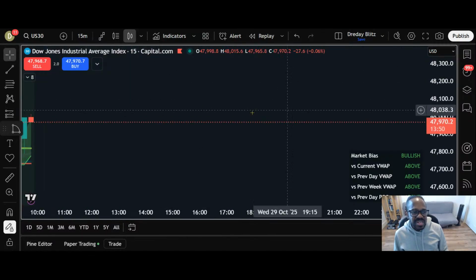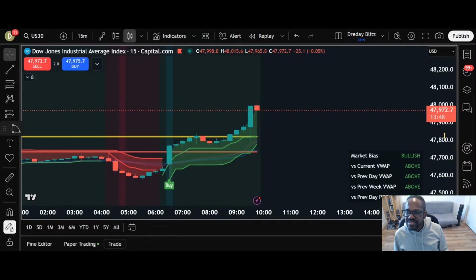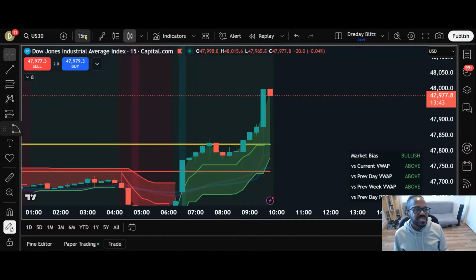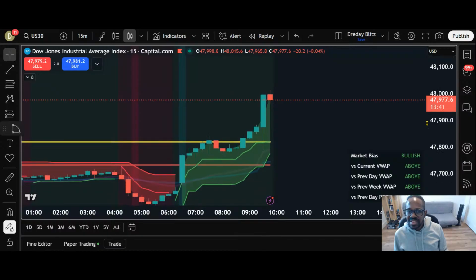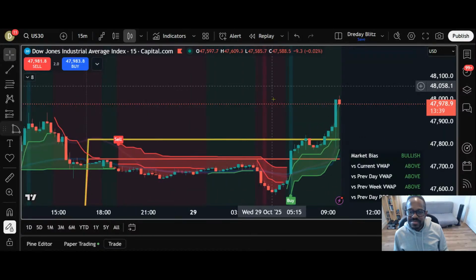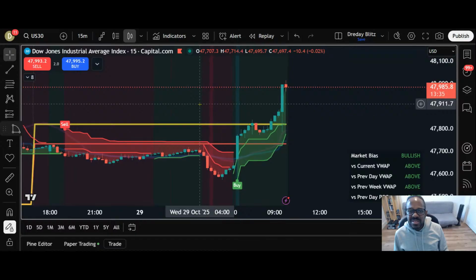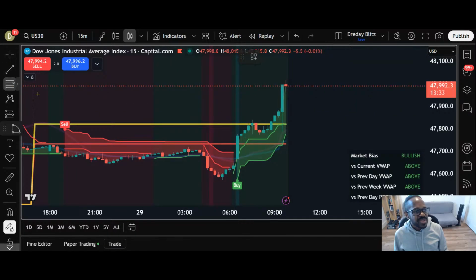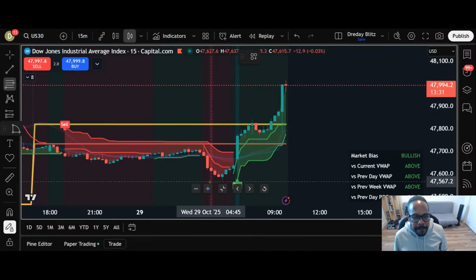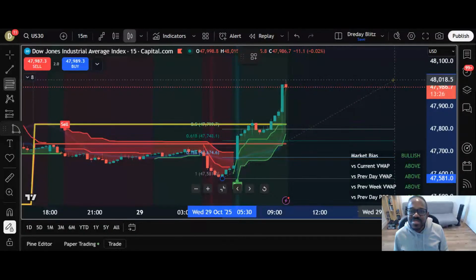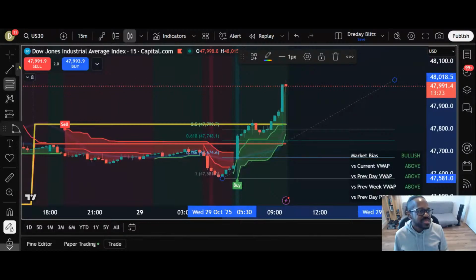But we should be stalling here and starting to reverse. So it seems that we're creating, this is the all-time high right now. So if we're done going high, that would be the fib retracement.